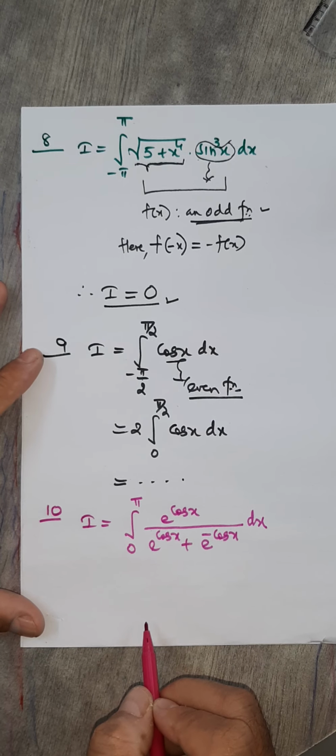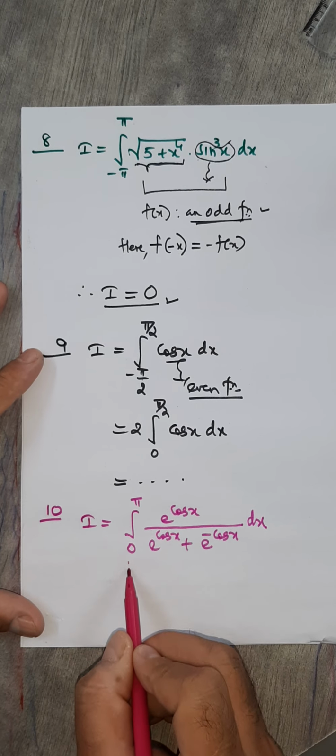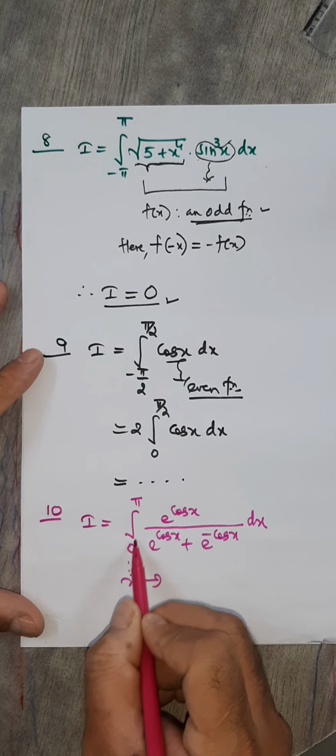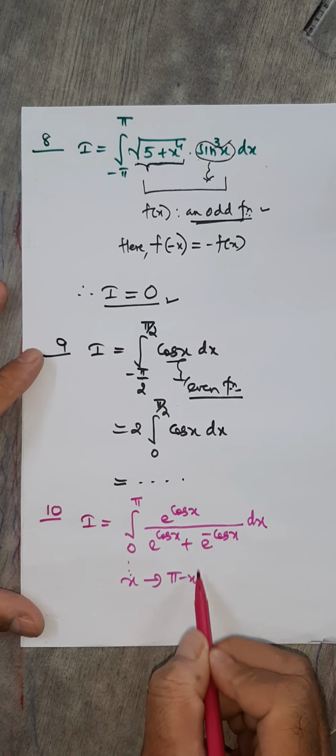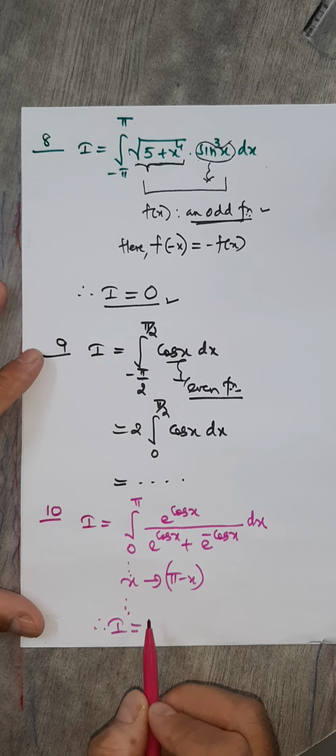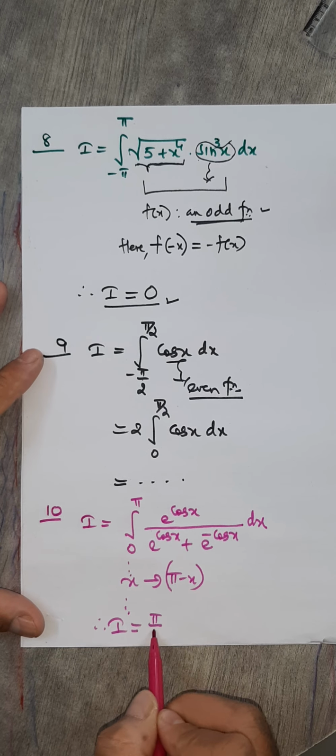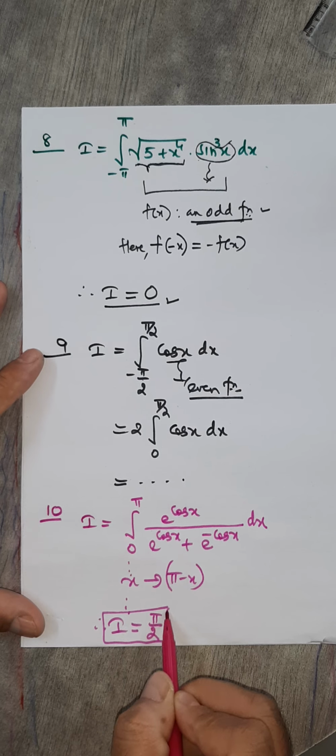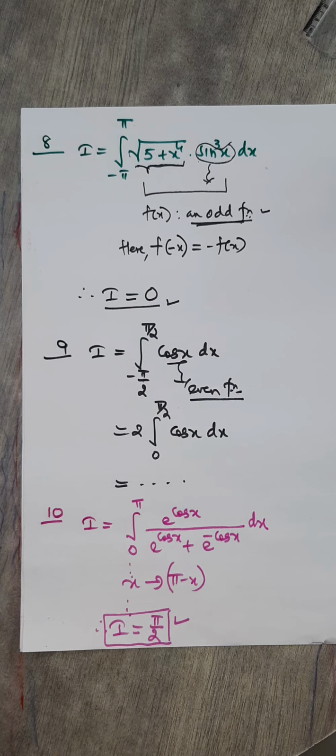You are asked to find the value of this integral. The hint is replace x by pi minus x and simplify, adding 1 and 2 and so on. So the final answer is I equals pi by 2. Do it, not difficult for you. We did a number of such questions.